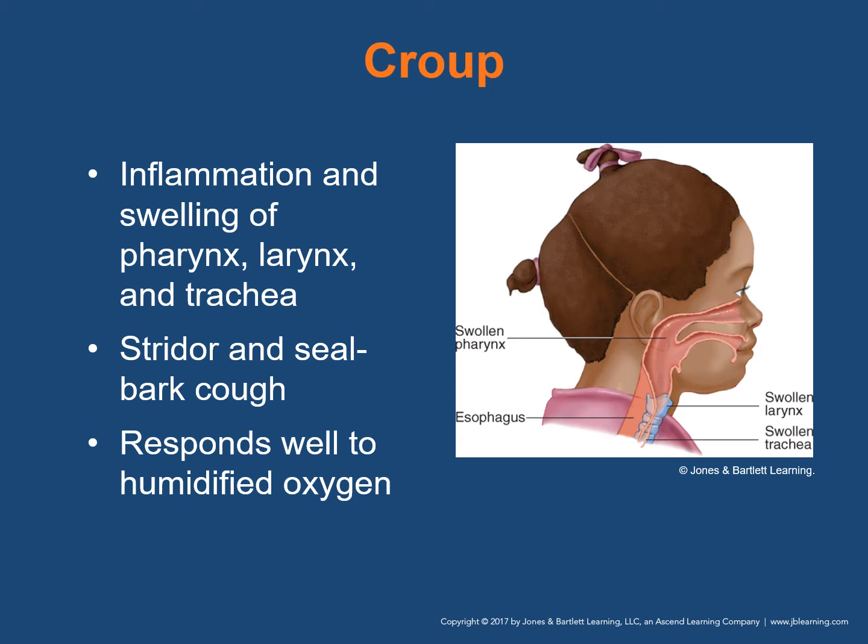If you've ever had kids, you've probably dealt with this. The progression usually is they have upper respiratory symptoms, a cold, runny nose, sore throat for a couple of days, low grade fever, and then at night they get worse and that swelling gets worse, and you'll hear that seal-like bark cough, ooh, ooh, like that.